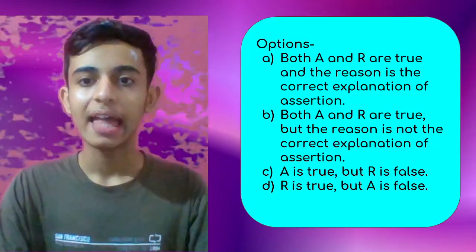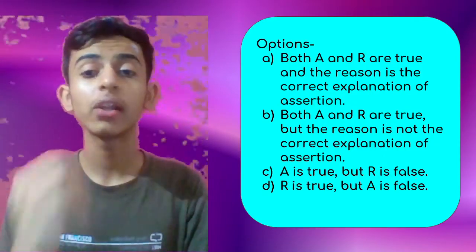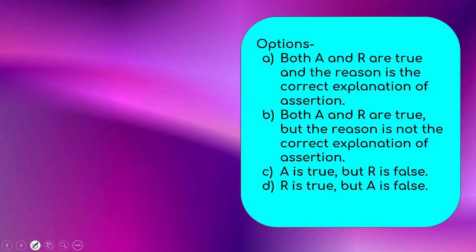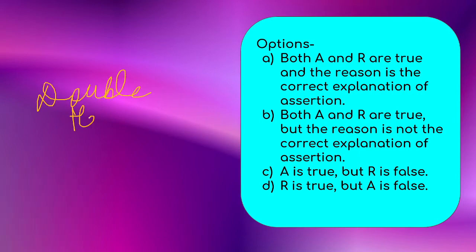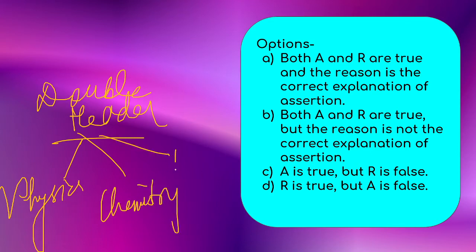Now, in assertion reasoning questions, it will take some time and I will be giving you a lot of tips, even in science. And do follow the new series that is coming up, your double header series. That will be for physics, chemistry and biology. So double meaning two.